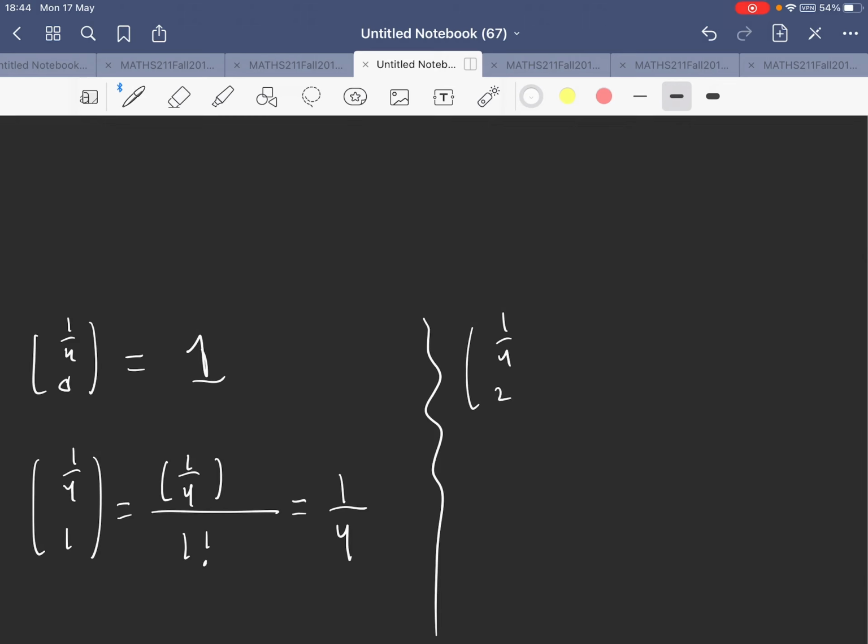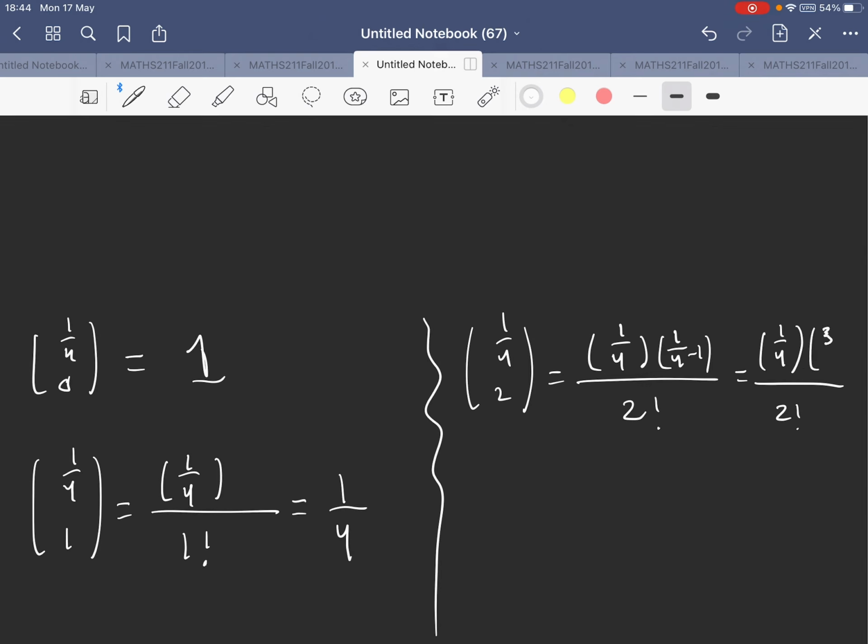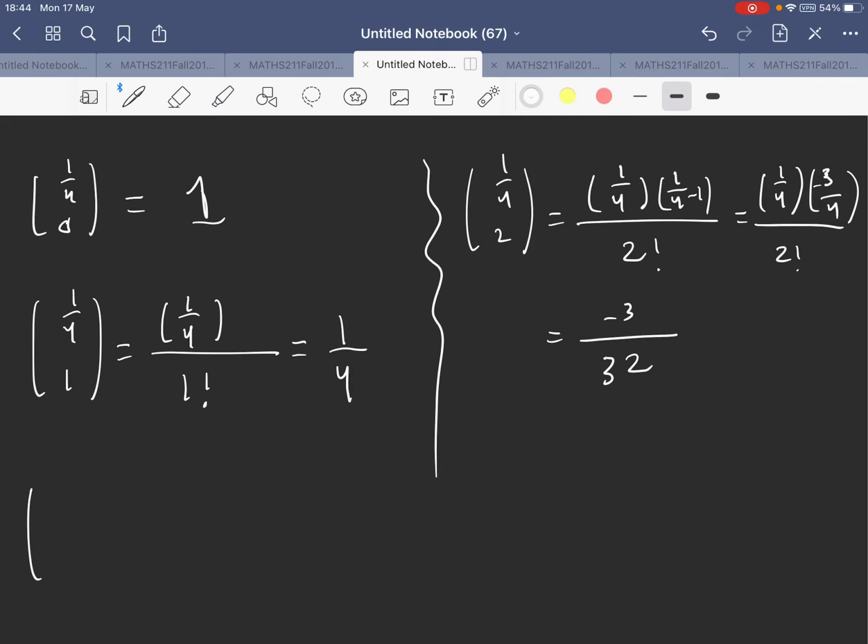Now 1 over 4 choose 2, this means 2 factorial, and here I have to multiply two things, starting with 1 over 4, and then taking 1 out of 1 over 4, which is negative 3 over 4. If we multiply them, all in all, using your calculator, this is negative 3 over 32. And the last is 1 over 4 choose 3, which means we multiply three things.